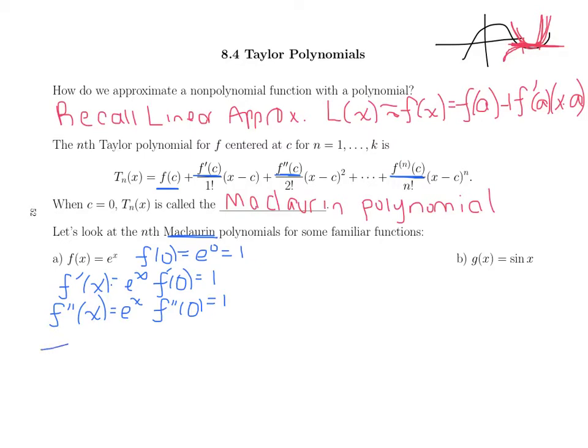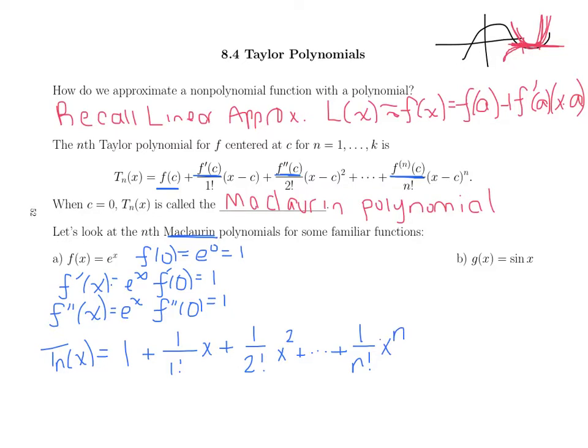So if we're writing down Tn of x, it's going to be 1 plus 1 over 1 factorial x plus 1 over 2 factorial x squared plus, and we'll do our dot dot dot all the way up to 1 over n factorial x to the n.